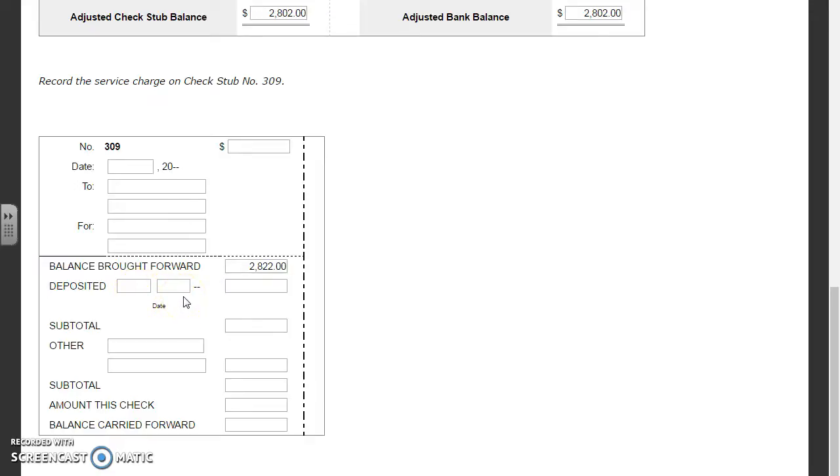I've already made deposits. There's nothing that they said I need to record for a deposit here, so I'm going to say $28.22. However, I do need to write in my service charge. So I had a service charge of $20. I don't have any other service charges, so my total of service charges is $20. And I'm going to subtract that because, again, that deducts from my total, $28.02.